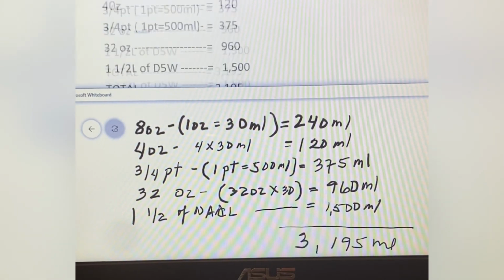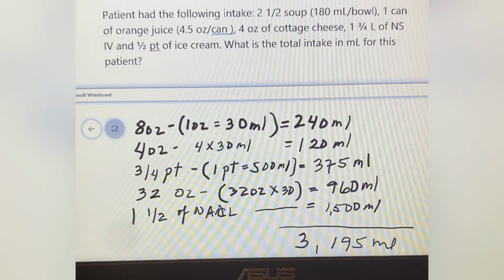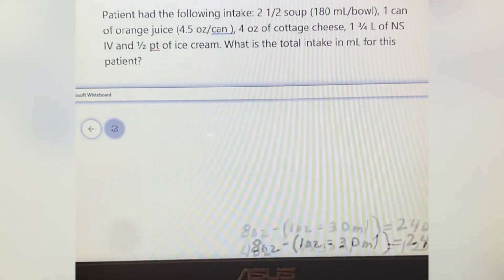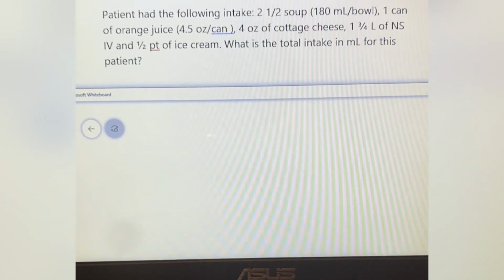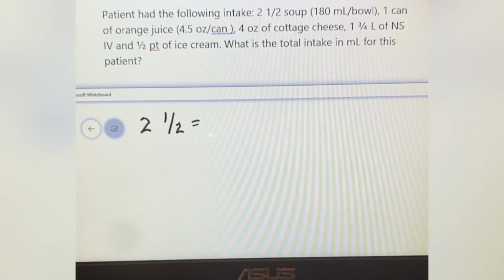Next question. Patient had the following intake. Two and 1/2 bowls of soup, 180 ml per bowl.